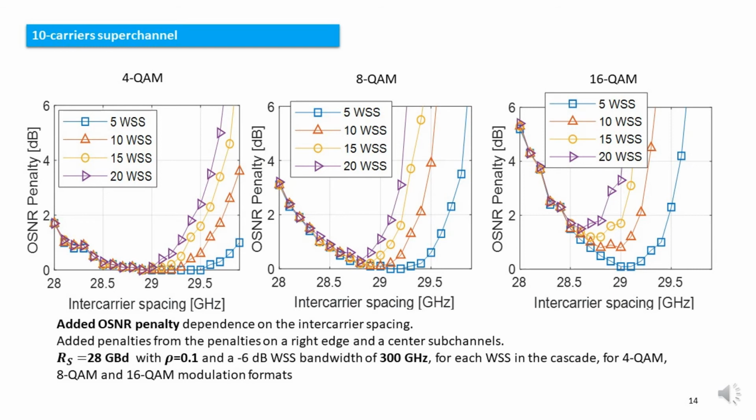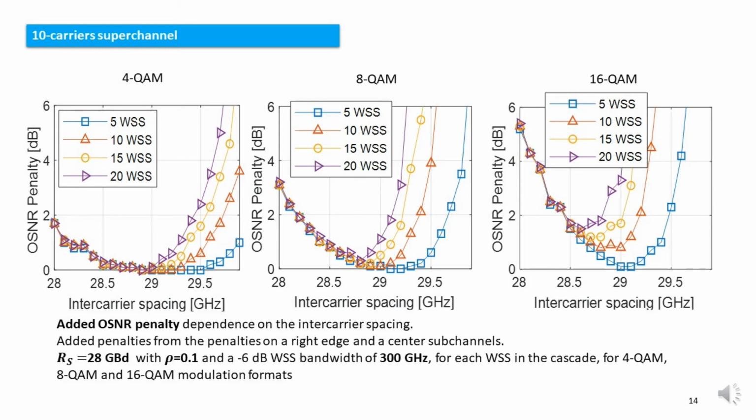For each intercarrier spacing, we added the OSNR penalties from the edge subchannel and from the center subchannel. From these figures, we can choose the optimum intercarrier spacing, depending on the modulation format and on the number of WSS in the optical path.